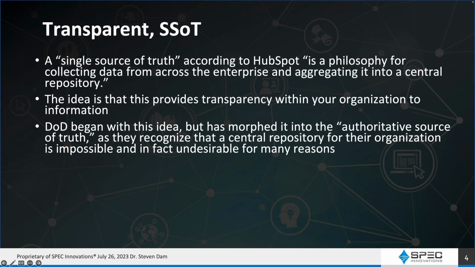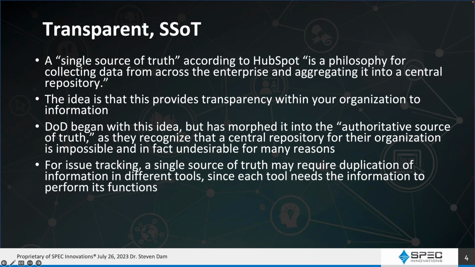So there's a lot of reasons why you probably don't want just one central repository. So they're looking at federated repositories and determining, well, who really owns that data, who really needs to control that data, and then who should have access to that data. Those are all kinds of questions that I think every organization needs to grapple with to a certain extent.